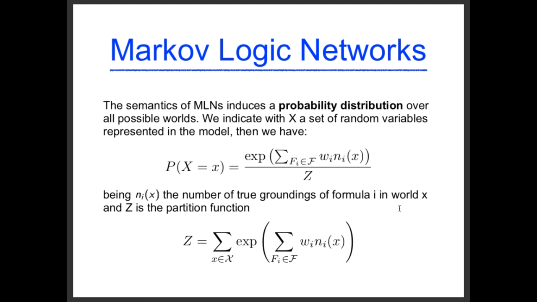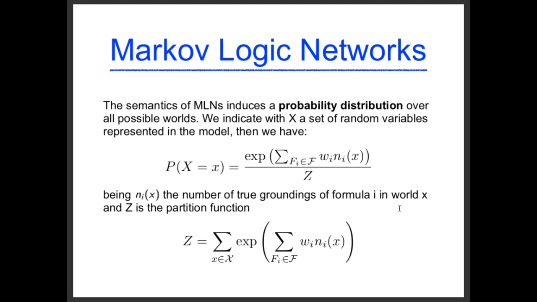Then there is an exponential, and everything is divided by a normalization factor. Z is the partition function, which is nothing else than the sum of the numerator over all the possible x's, so that the probability lies between 0 and 1.